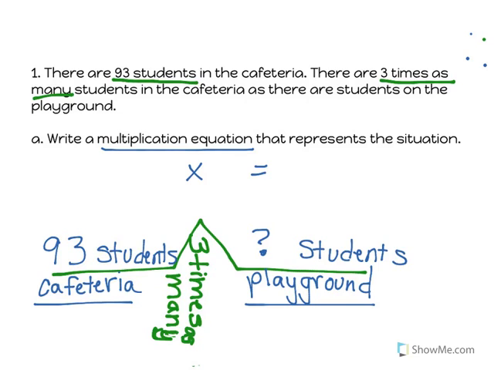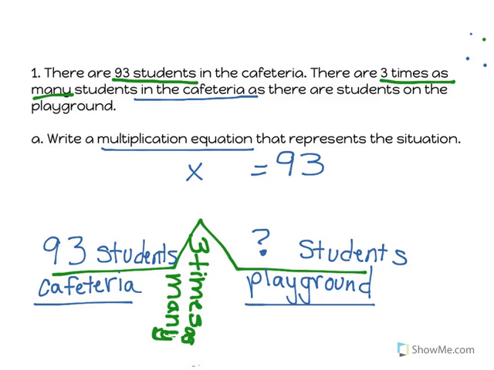On the playground because if the students on the playground have 3 times as many, it's obviously going to be. Look at the question again. Brayden? The cafeteria, because the question says there are 3 times as many students in the cafeteria as there are students on the playground. So we have to be careful. We have to think about 3 times as many.